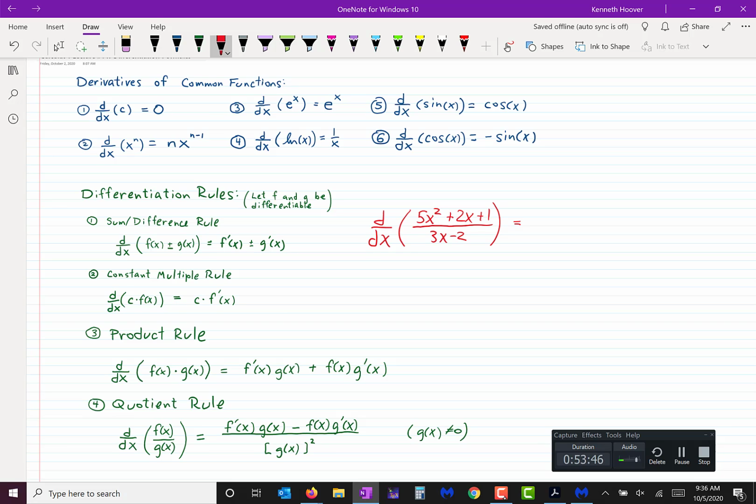So I'll do the derivative of the top, which is 10x plus 2, times the bottom, which is 3x minus 2, minus the top times the derivative of the bottom, which is a 3, divided by the bottom squared.